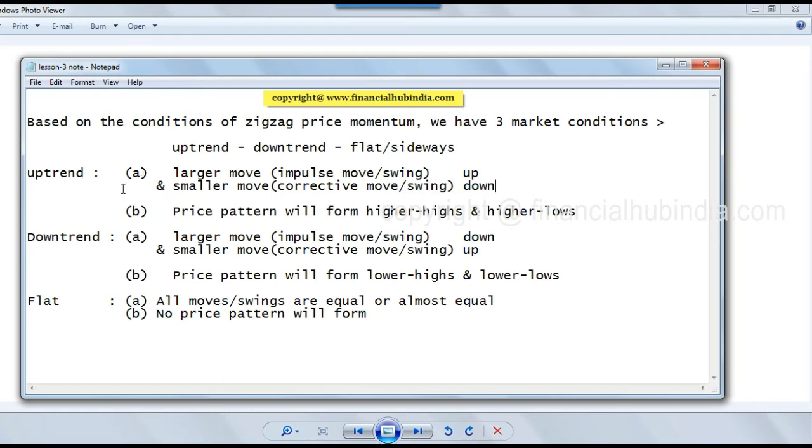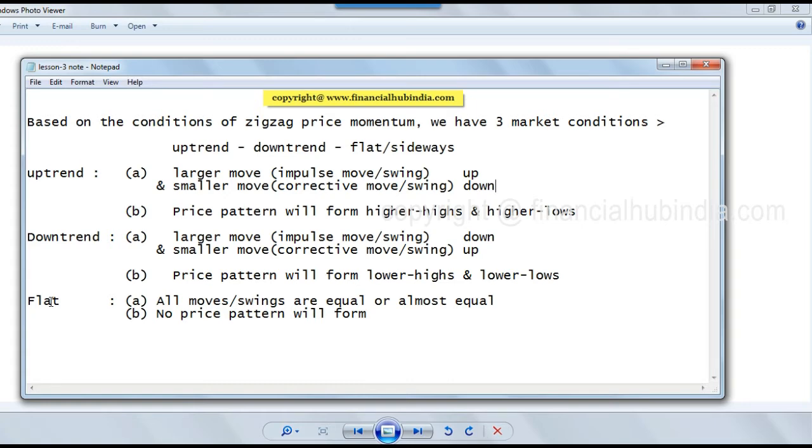And these are the criteria A and B for uptrend. Then when you see these A and B criteria happening in a zigzagging price momentum, then you can say that is a downtrend. And when you see this A and B happening in a zigzagging price action momentum, then you can say that is a flat market condition.